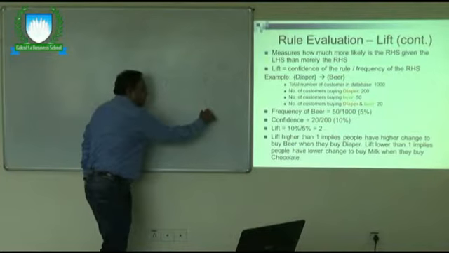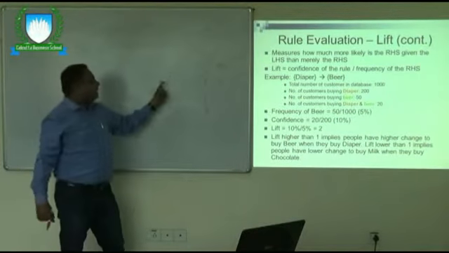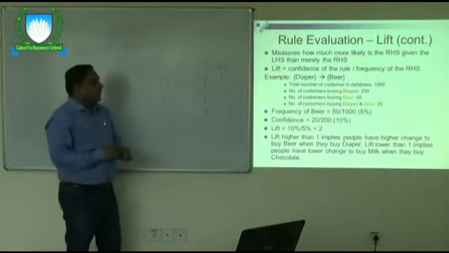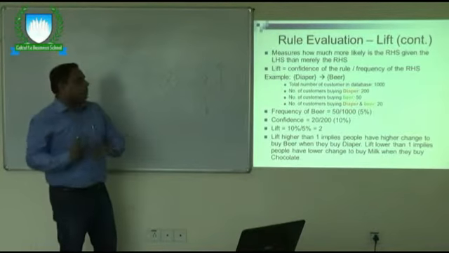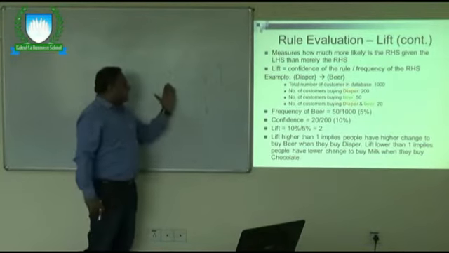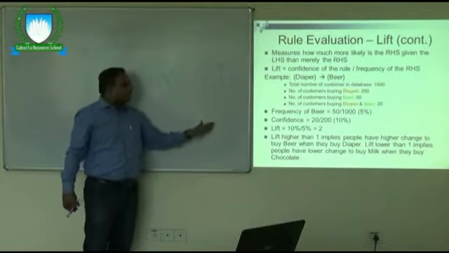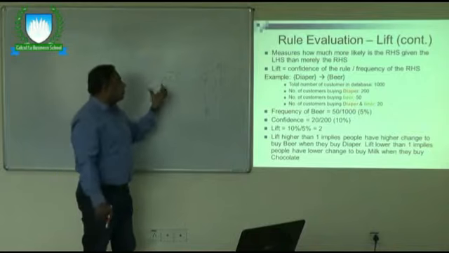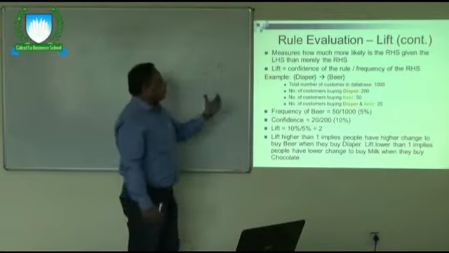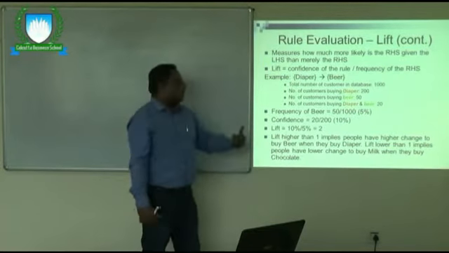If Y is getting down because of X, then this is not an enhancer, and we will not say that the association rule is really good, because this association is decreasing or dampening the consumption of Y. So we want to find those rules where the lift is more than 1.